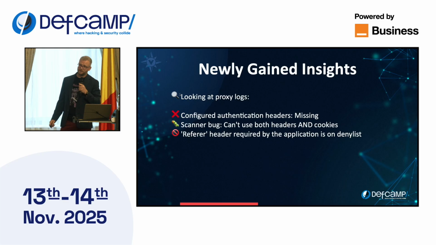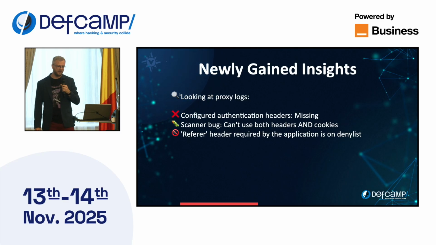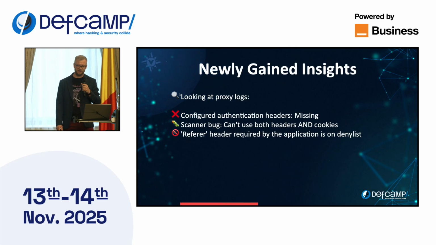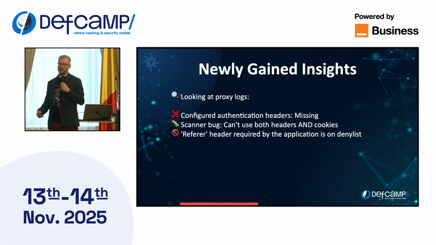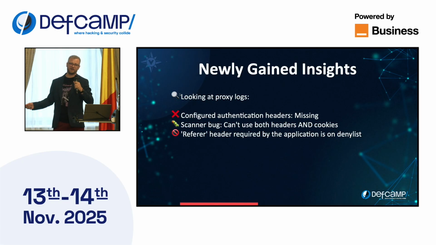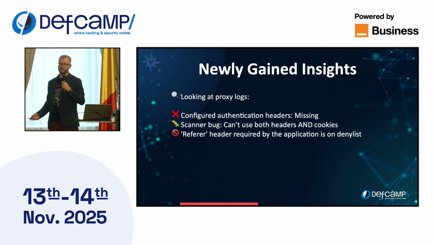Additionally, there was an interesting functionality or business use case in the application and the web application firewall. If you didn't have the referrer header correctly configured or it was missing, it automatically dropped your request. Well, easy peasy, we just add a custom referrer header in the tool, right?